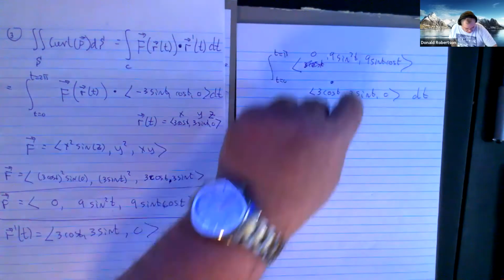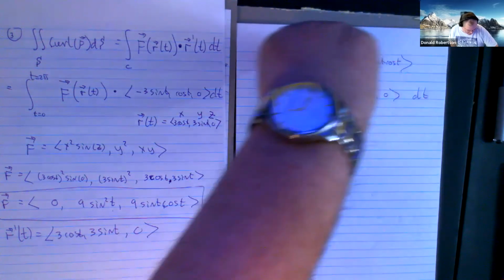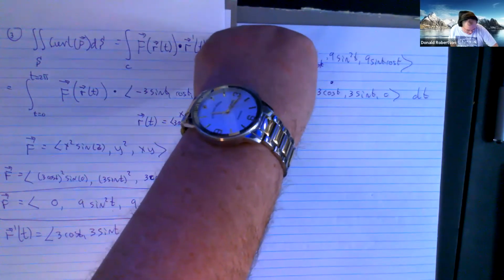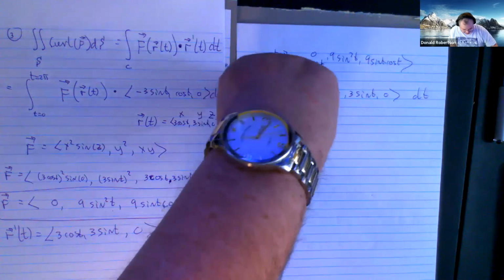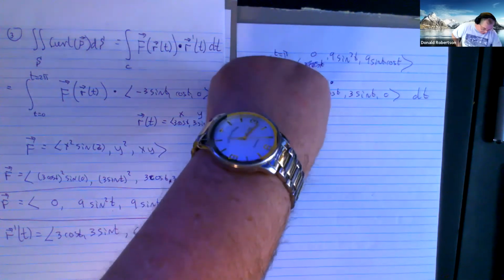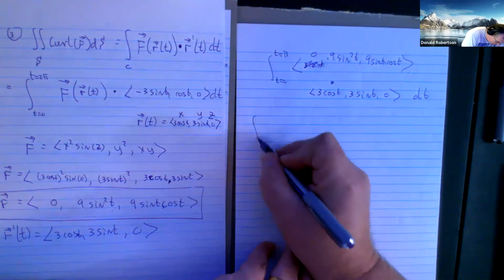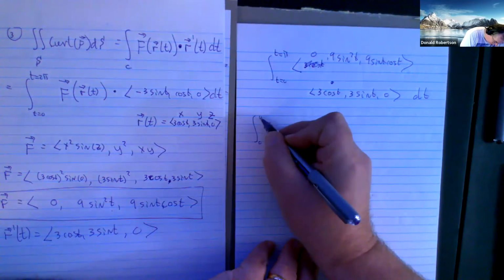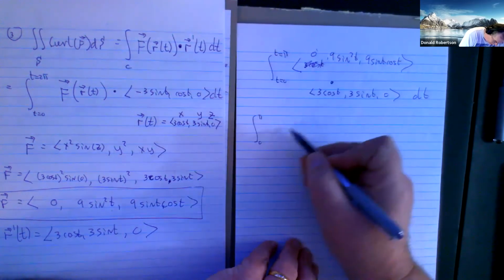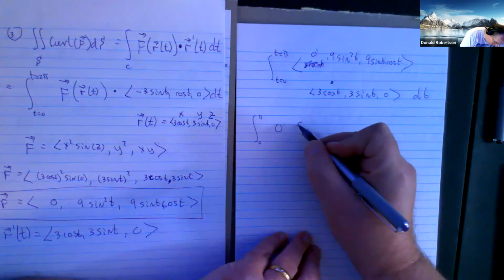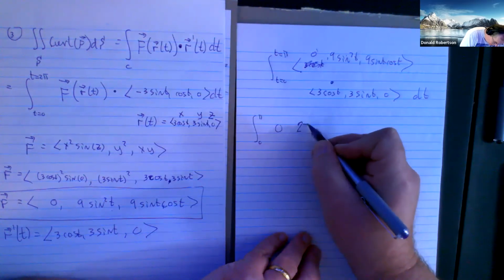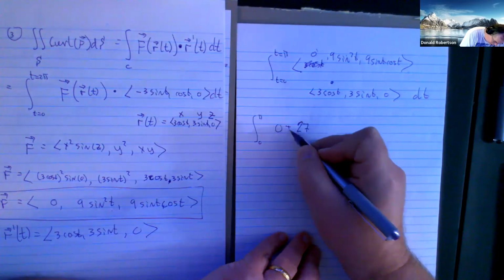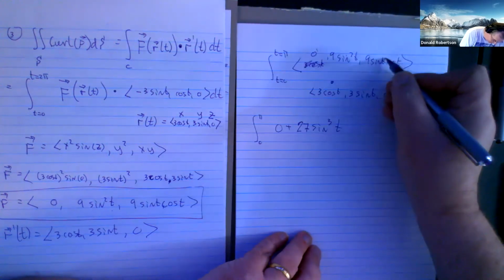So when you take the dot product of the vector function expressed in t times the derivative function expressed in t, integrate with respect to t, you will get from 0 to pi: nothing times that is nothing. 9 times that gets me 27 sine cubed t, and that times that gets me nothing.